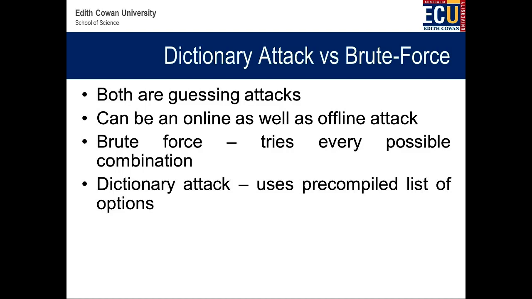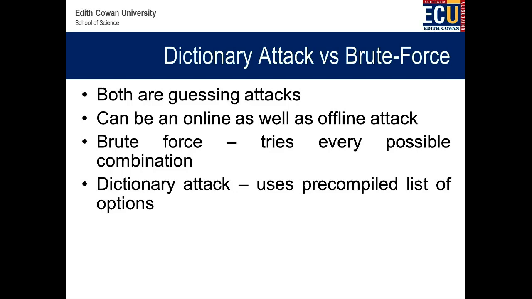We also need to understand the difference between dictionary and brute forcing attacks. The commonality between these two types of attack is that both are guessing attacks. We are guessing the passwords. Dictionary and brute forcing attacks can be online as well as offline attacks.